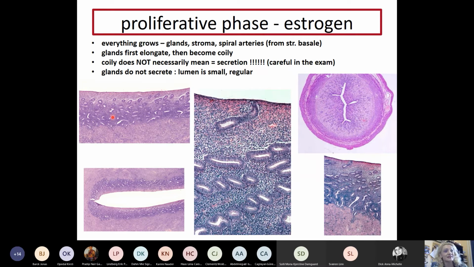You will see in the next phase that it's not the case. All these slides that we have are cross sections. This would be a whole cross section from the uterus, right? And usually it's just a piece from this wall, or just a part of the wall. So here you can see the stroma, this very densely packed cellular connective tissue.